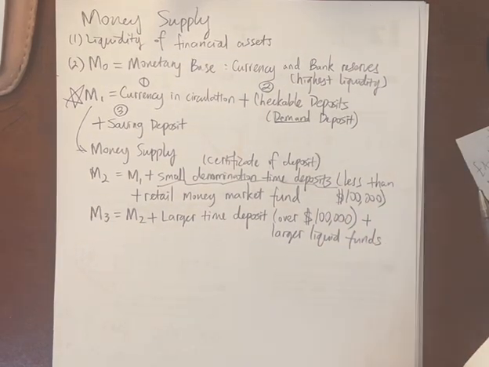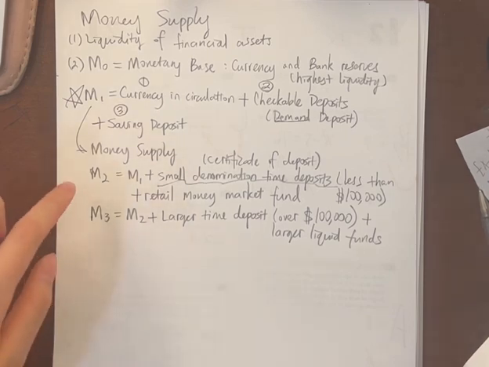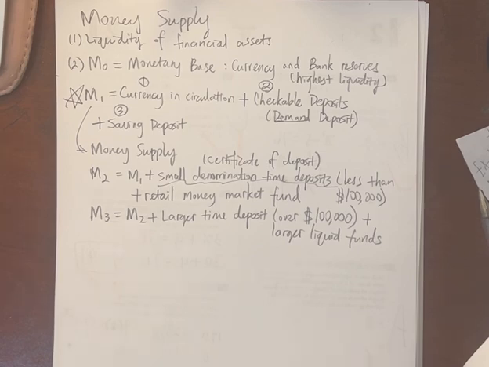Right. So the biggest thing I have to mention here is to remember that M1, M2, M3 are overlapping with each other. So M2 includes M1, and M3 includes M1 and M2.